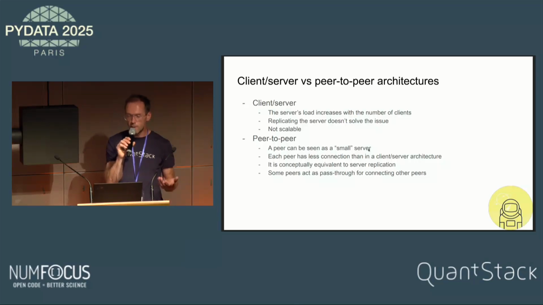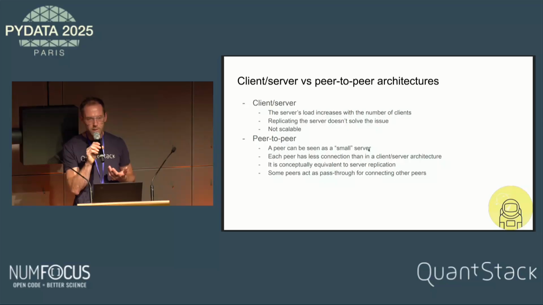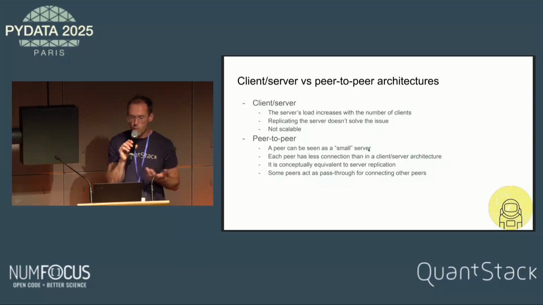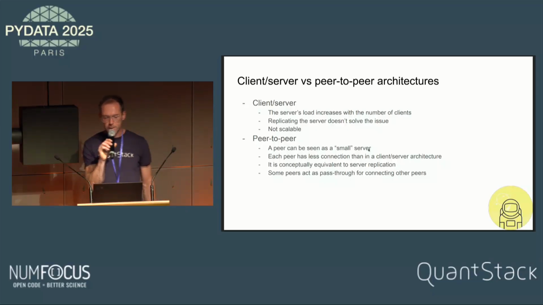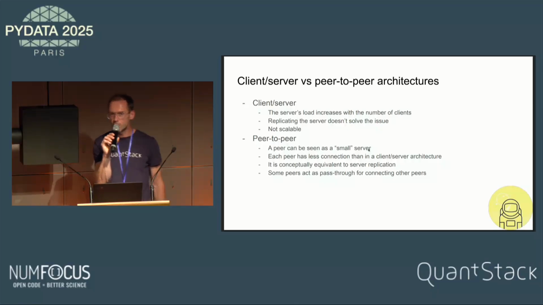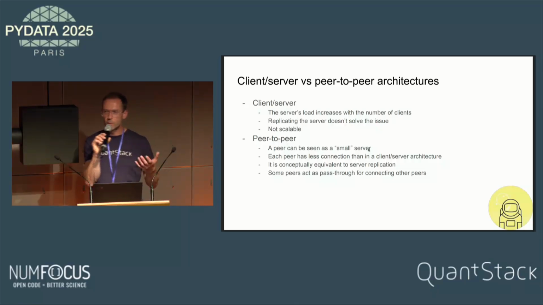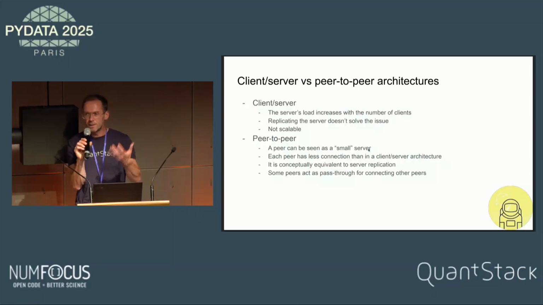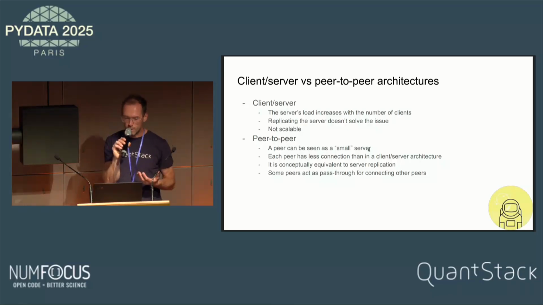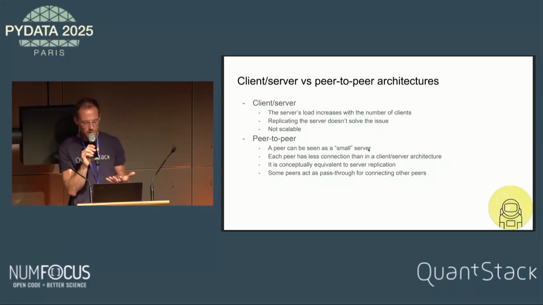The clients might be idle themselves. They could handle more traffic, but it's the server that is the bottleneck in this situation. And replicating the server doesn't really solve the issue, because if you replicate the server, you still need some other server that will synchronize all these sub-servers. So it doesn't really scale.